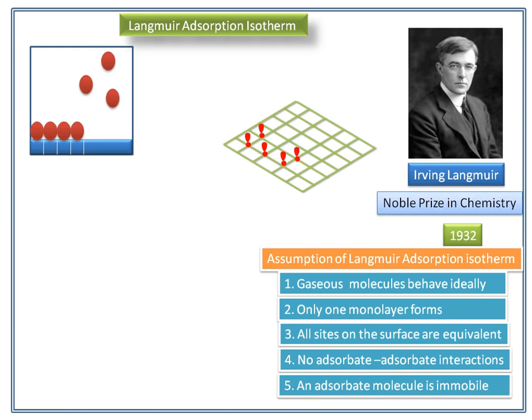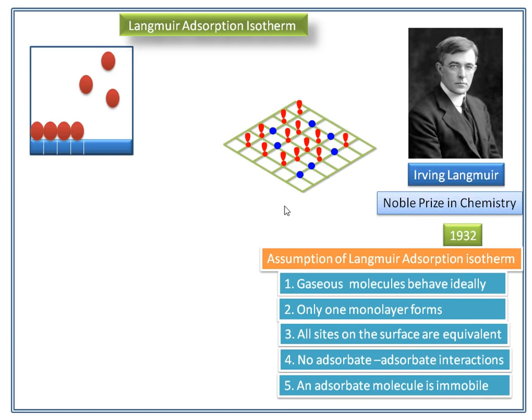It is represented by red color lobes. Here also you can see the vacant sites, equivalent vacant sites on the metal surface. It is denoted as blue dots.